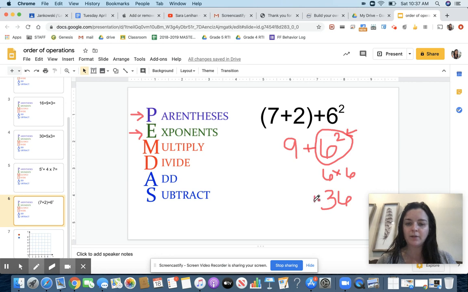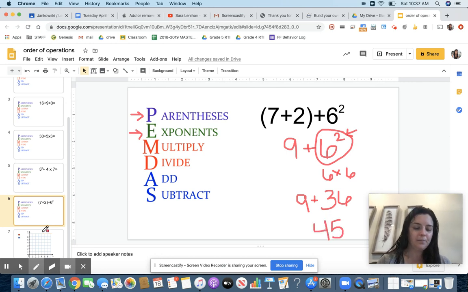And then bring down the rest of your problem, 9 plus. And then obviously there's nothing left to do besides add. So then you would add it. And that is 45.